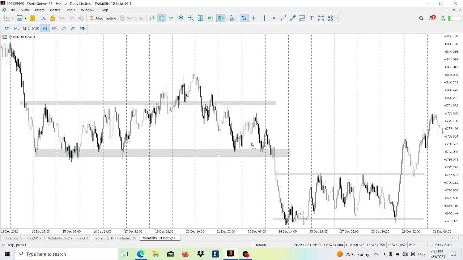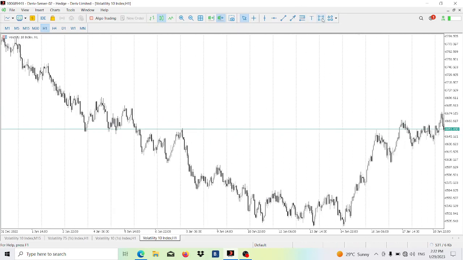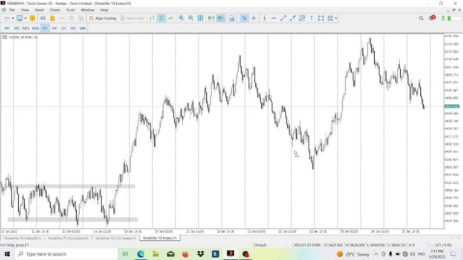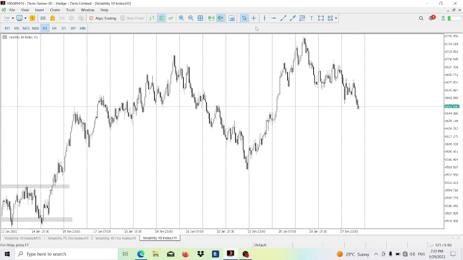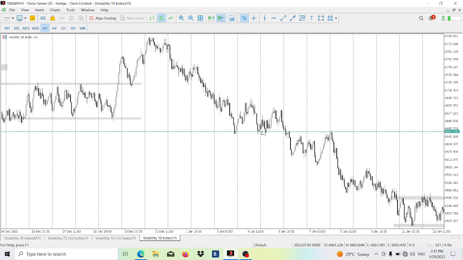Likewise here, the market was stuck in a range. You see, that's how we identify the three phases of market movements.